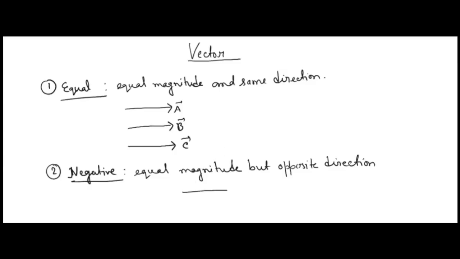So if you have vector A acting in this direction, the negative vector of vector A acts in the opposite direction, but both vectors have equal magnitude.